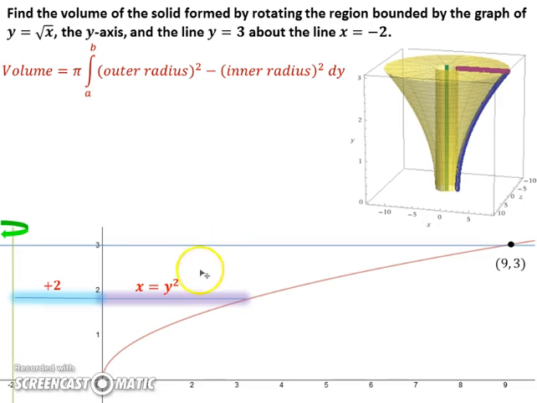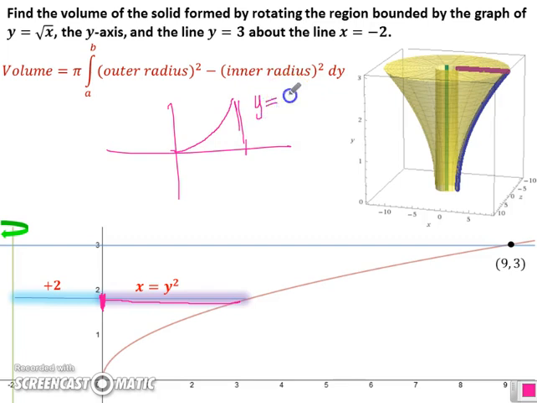So in order to get it to touch the line of rotation, we had to create, because the x value here, when we say x equals y squared, it's measuring it from the y-axis. Same thing here. If we were going to be rotating, let's say, I use this example quite a bit, where this is y equals x squared. Let's pretend that we're integrating this piece right here. Well, when I integrate that, this gives me the distance from this point to the x-axis.